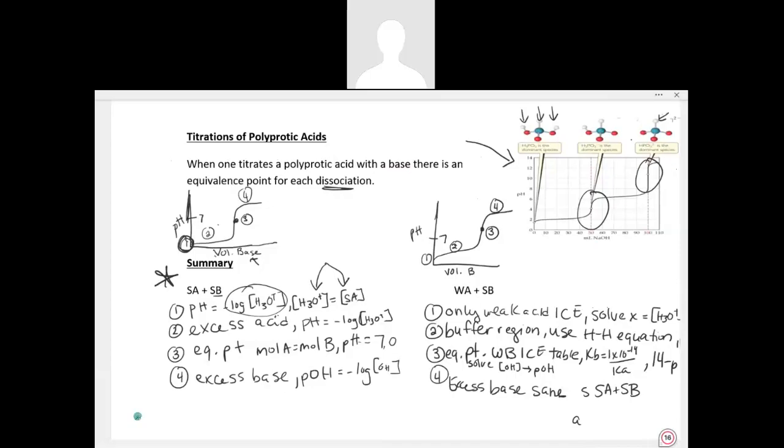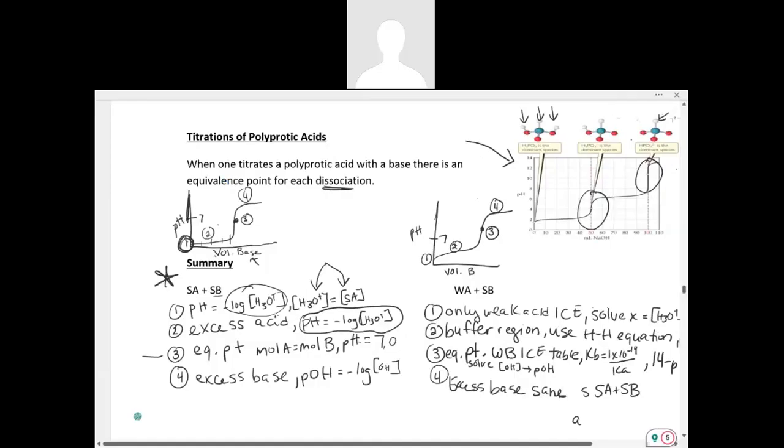Then we move along and start adding some base in region 2. We still have excess acid; we haven't reached our equivalence point yet. So we calculate how much excess acid is available, plug that in, and solve for pH that way.